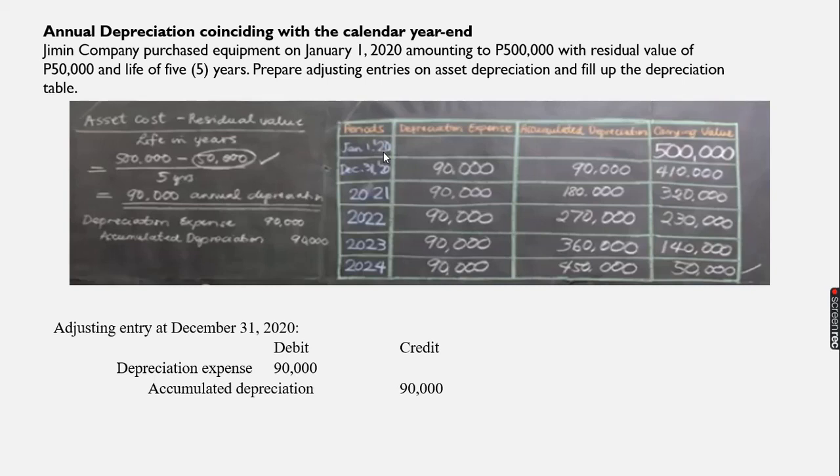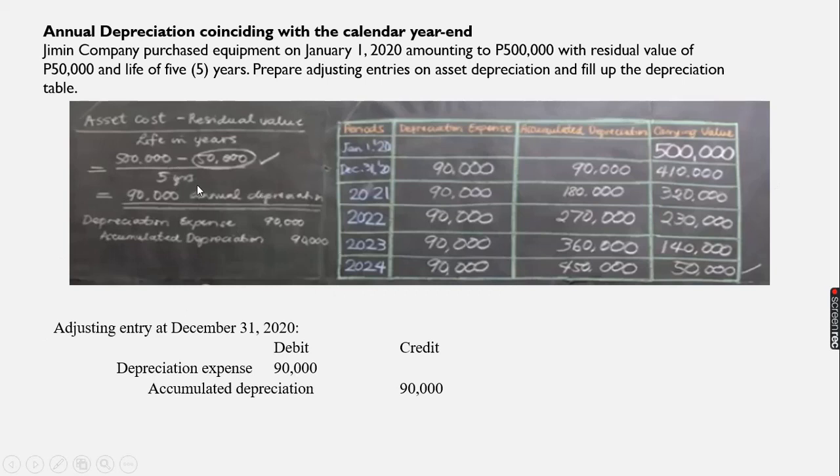I-prepare natin yung adjusting entry on asset depreciation and fill up the depreciation table. So, ang asset cost niya is 500,000 and i-less natin yung residual value which is 50,000 and then i-divide natin siya ng 5 years.